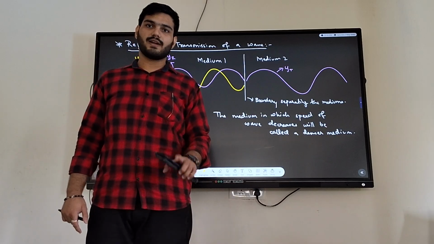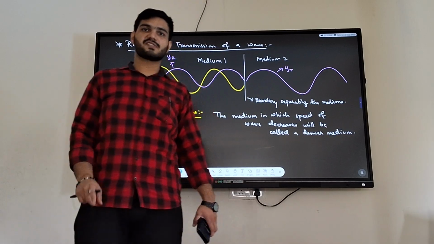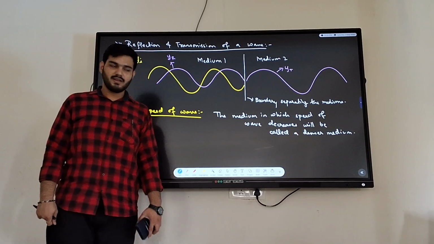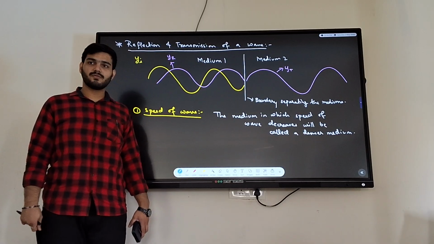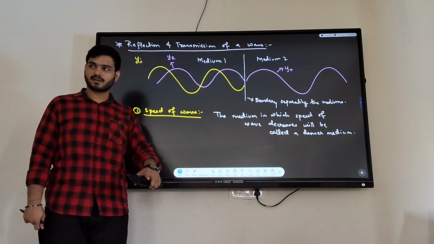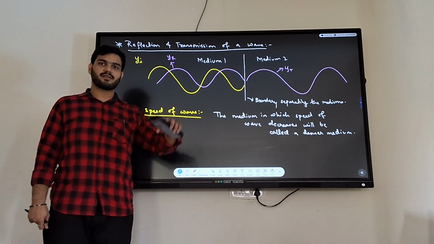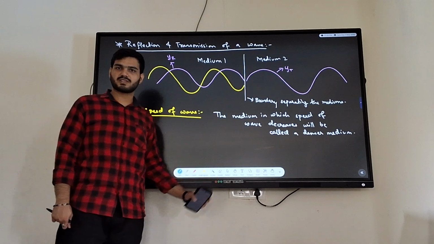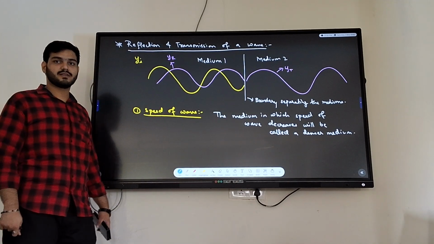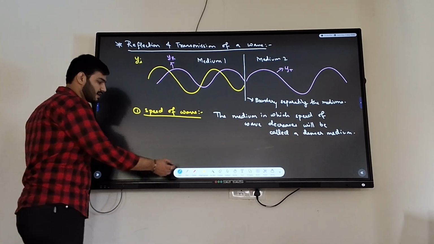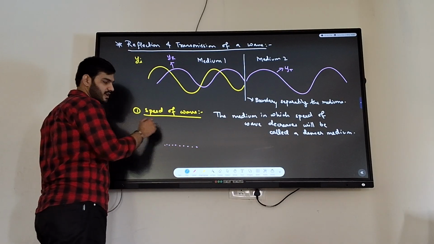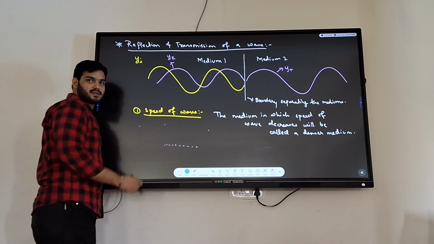When you talk about light. Now let's talk about sound waves. What will happen for sound waves? What we find is that sound waves move much faster in water as compared to air. Now why is that? Anybody? We will try to answer this question well in the sound waves chapter. Because it's more dense. Because the particles are situated much closer, and in air they are a little apart.